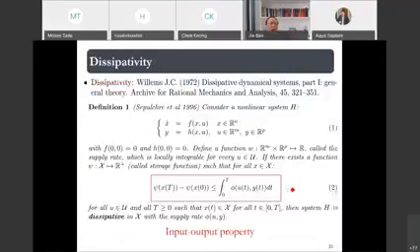The property we are looking into is the dissipativity property. The concept of dissipativity was, I think, first published by J.C. Willems in 1972. That's a very long paper, actually. I put the reference here, only part 1, but there is also part 2.